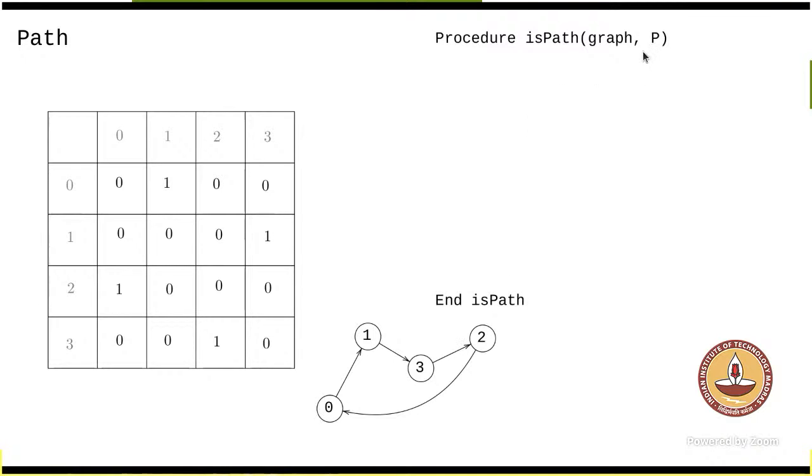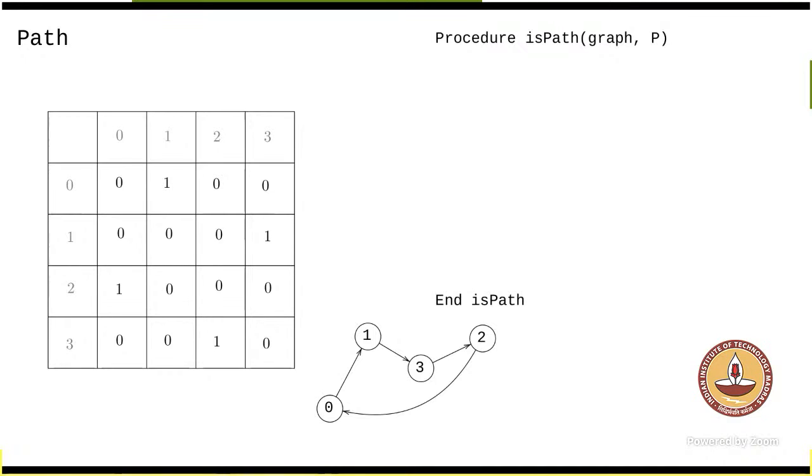P is going to be a list of nodes. I'm going to give you a list of nodes, say 0, 1, 3, and you have to tell me how to find out if P makes a path in this graph. So let's say P is A, B, C. You should tell me if A, B, C forms a path in this graph.